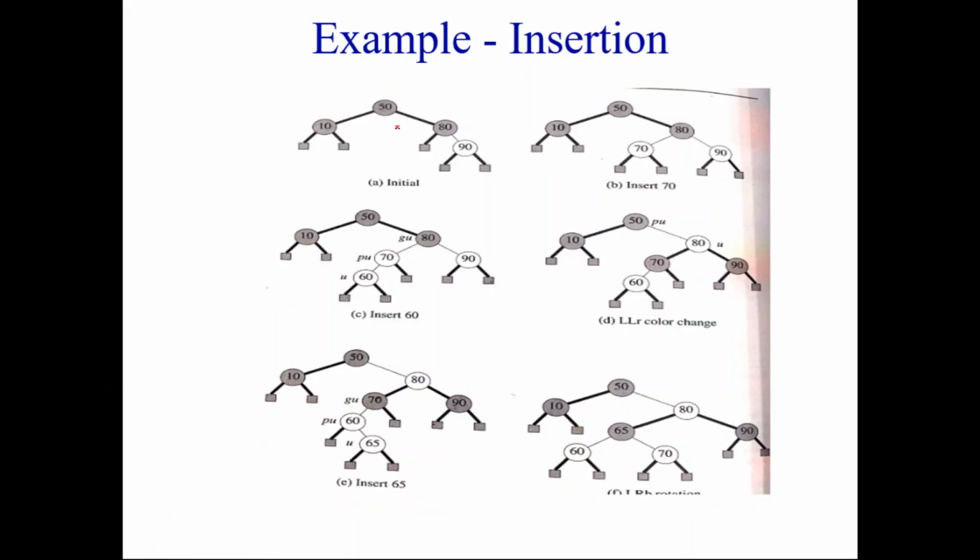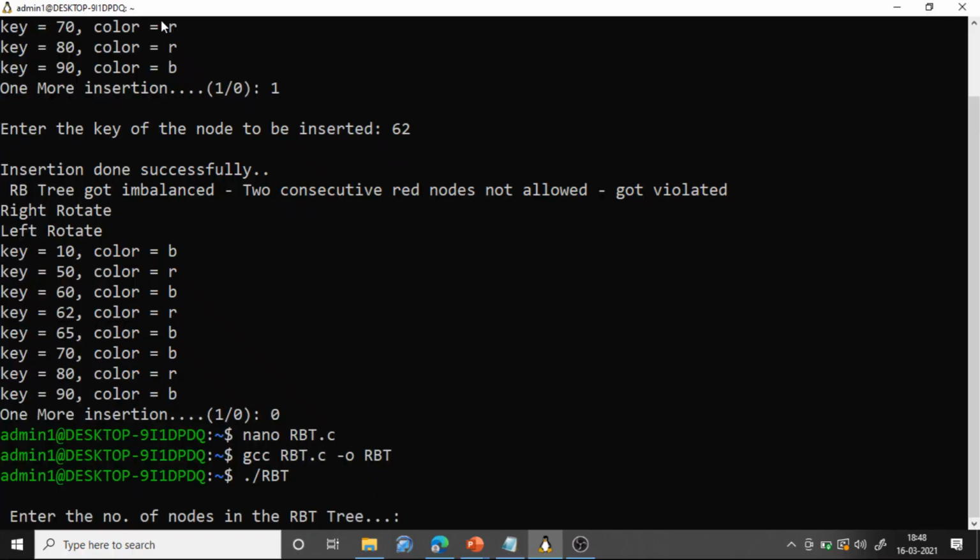Say initially I want to create a red black tree with 4 nodes, and these are the 4 nodes: 50, 10, 80 and 90. But these colors may not be the same. When I add the root node, what will be the color of the root node? It will be 50. Right? So let me do that first.